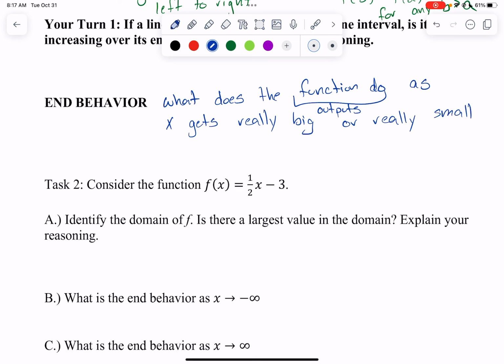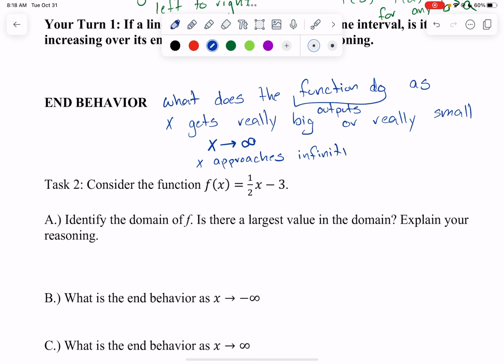We have a mathematical way of saying, as x gets really big. We would write it this way: as x, and then we draw an arrow, and then we draw the infinity symbol. We read this as x approaches infinity.